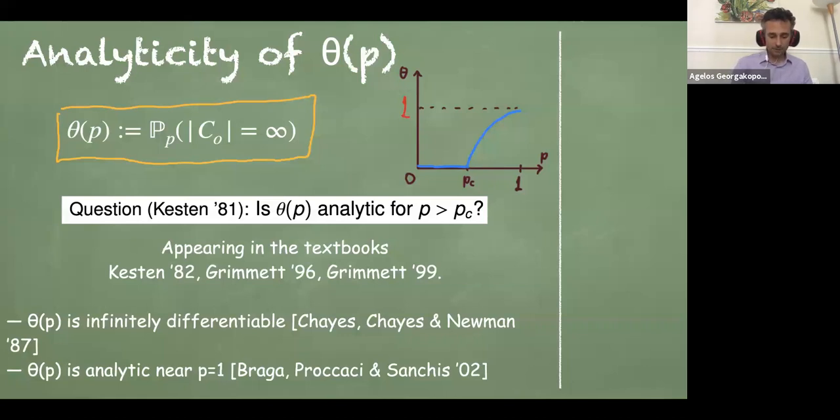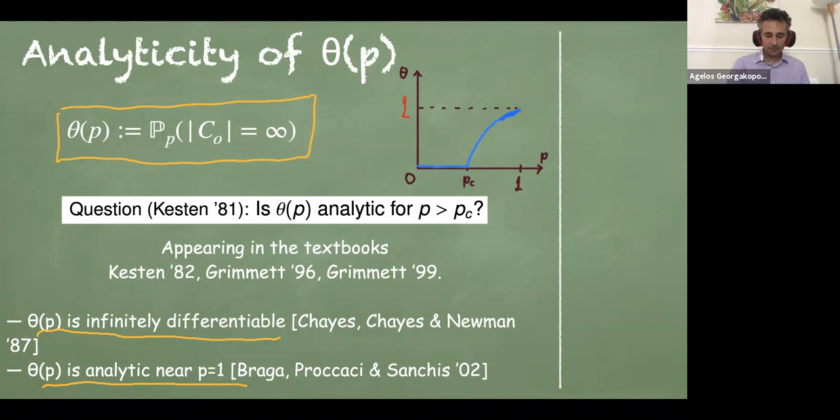It was then proved that theta is infinitely differentiable. So the problem became less fashionable. And also it was later proved that theta is analytic near enough to 1. So some final sub-branch up there is analytic. But we don't know if it's analytic in the rest of the branch.